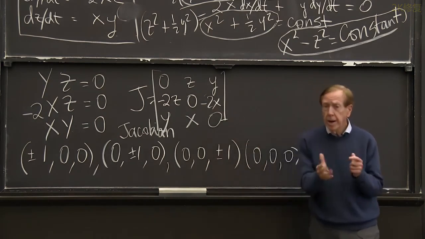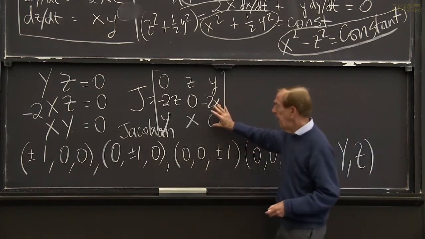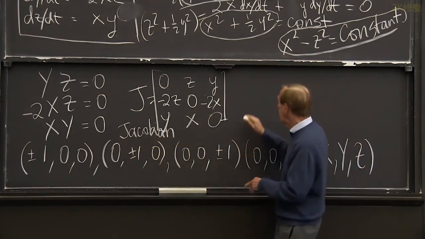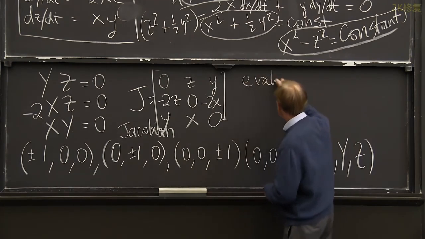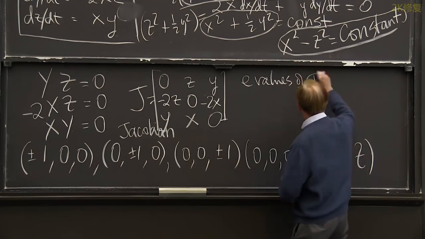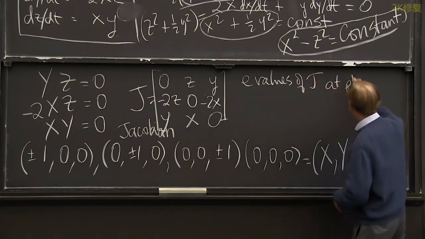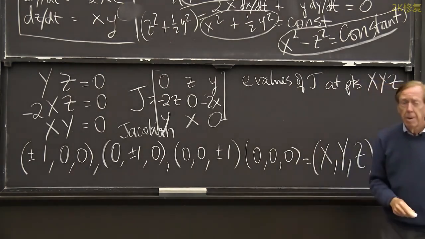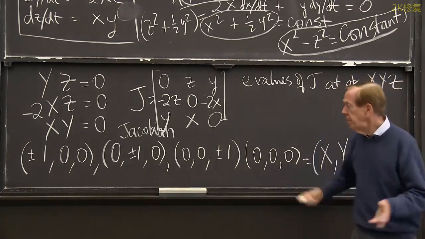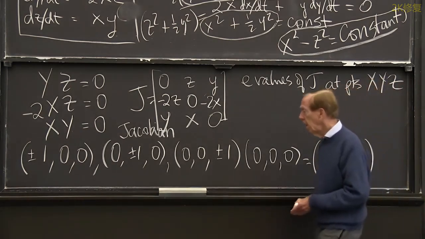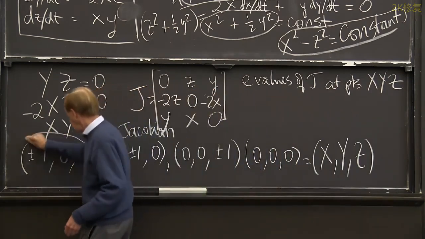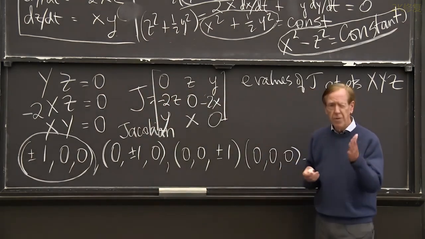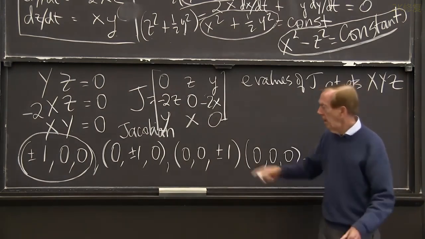It's the eigenvalues of that matrix at these points that decide stability. So I should write that down: eigenvalues of J at the critical points x, y, z. That's what decides stability. Let me just take the first critical point, and figure out what the matrix is at that point.